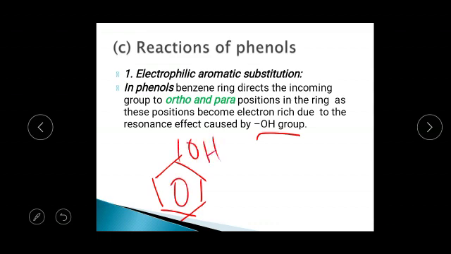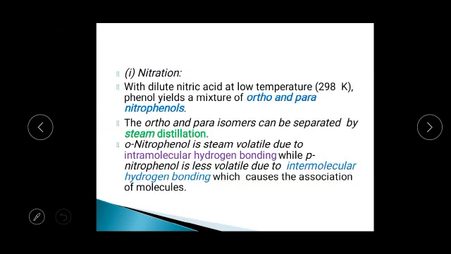So in electrophilic substitution, the electrophile is attached to either the ortho or para positions.